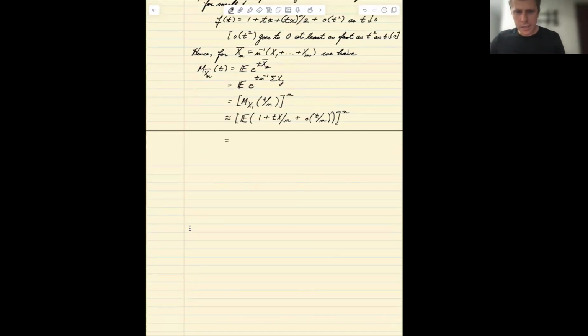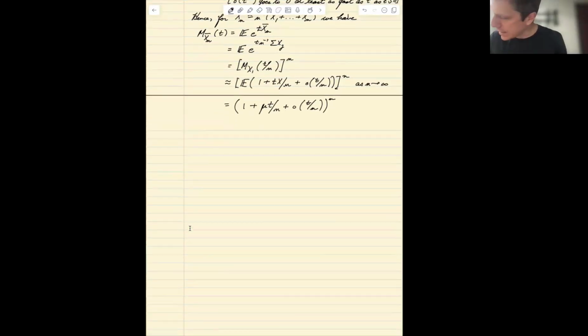Well, how do we express this? This is 1 plus mu t over n plus some negligible term as n goes to infinity. So we can ignore it, and then this converges to e to the mu t as n goes to infinity.